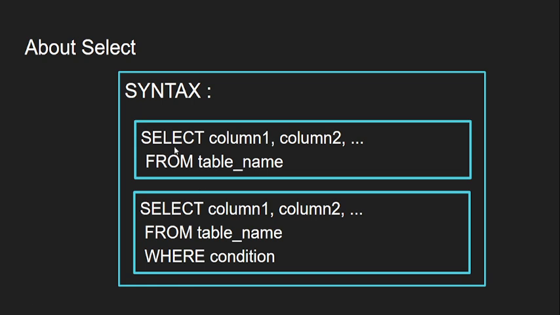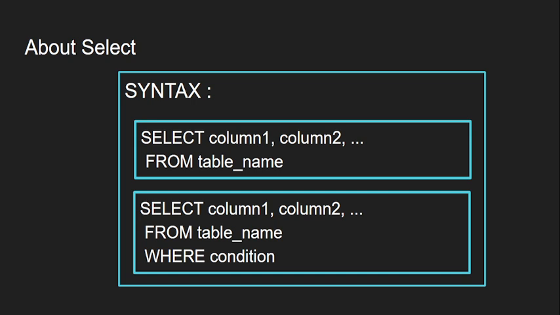You can see here I am using the select statement. After that I have mentioned the names of the columns. Here you can write column 1, column 2 and so on as per your requirement, from a particular table name. But sometimes we don't want to retrieve specific columns. We want to retrieve all table data.